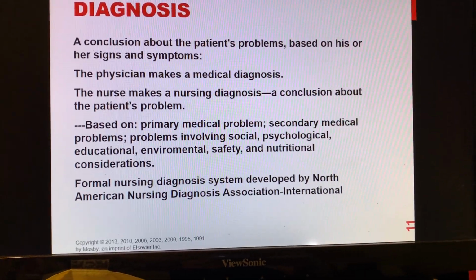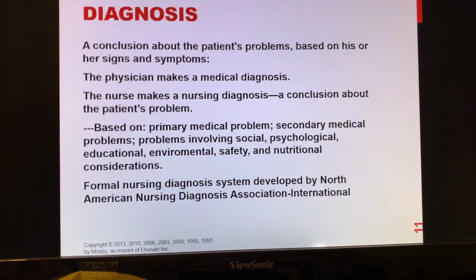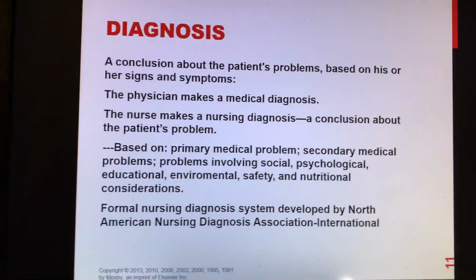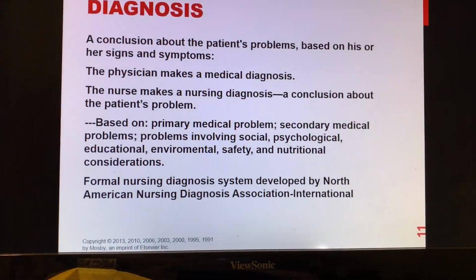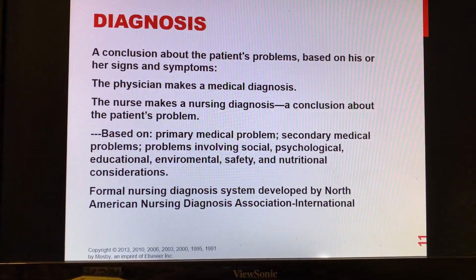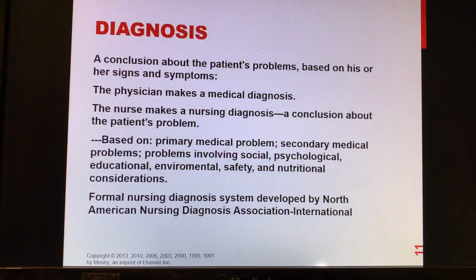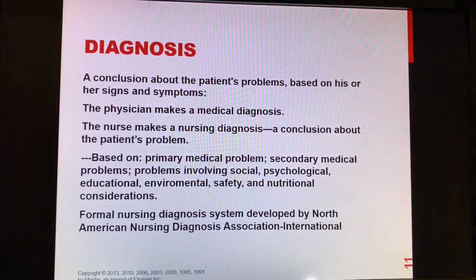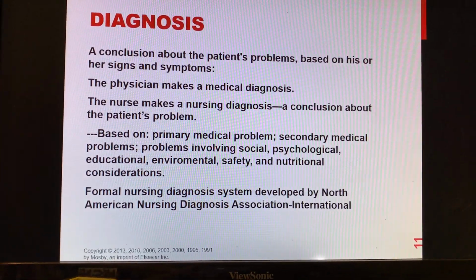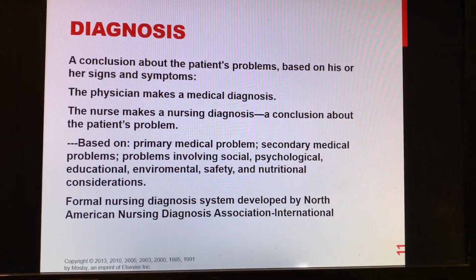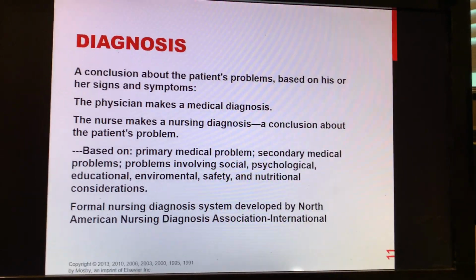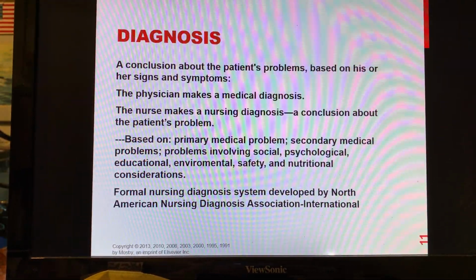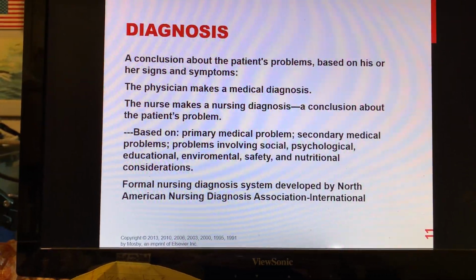But most of the time, especially when you're dealing with patients who are older, in addition to a primary problem that brings them to a clinic or a hospital or a nursing facility, there's a variety of secondary medical problems, as well as issues involving all sorts of areas: social, psychological, educational challenges, environmental issues, safety considerations, and nutritional considerations. And all of these are important for the nurse to know as he or she makes a nursing diagnosis.